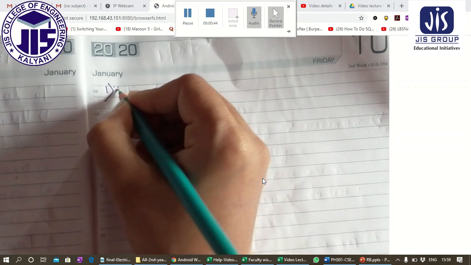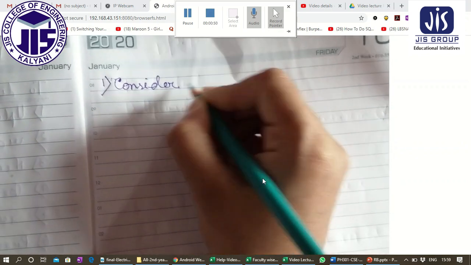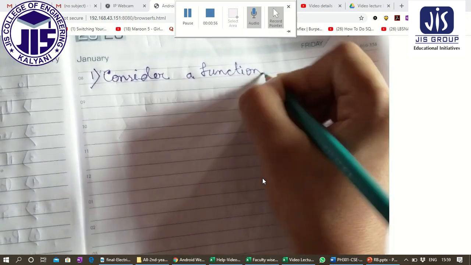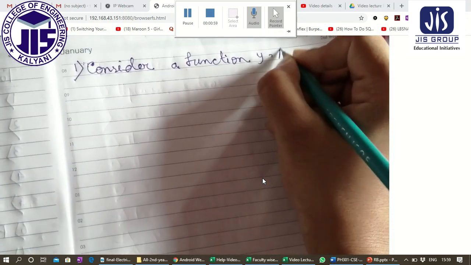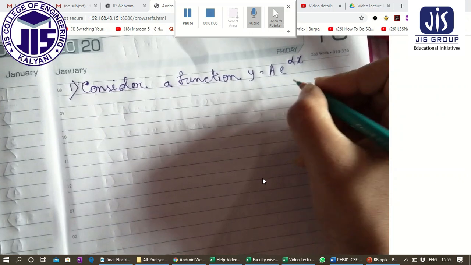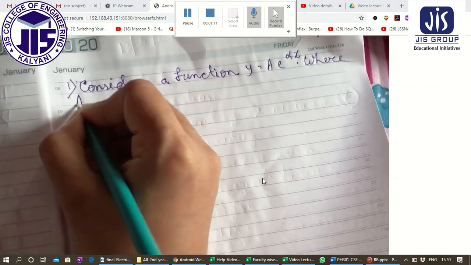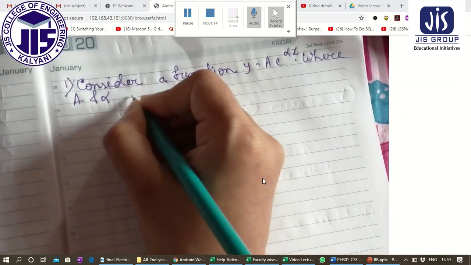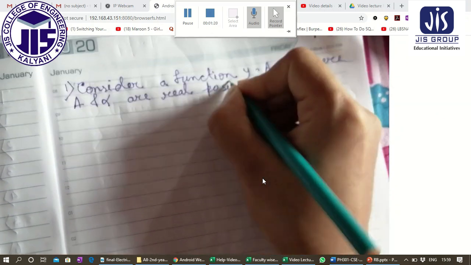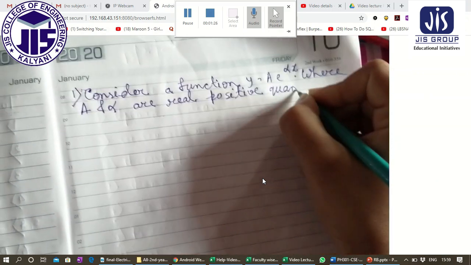So the first problem, all of you note down the problem. Consider a function psi equal to A e to the power alpha x. This is the wave function, where A and alpha are real positive quantities.